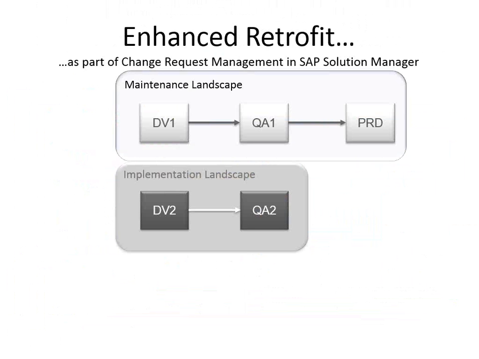For the main systems like the ECC system, EW system, supply chain system, all the main system boxes, big organizations will have the maintenance landscape. Why do we need the maintenance landscape?